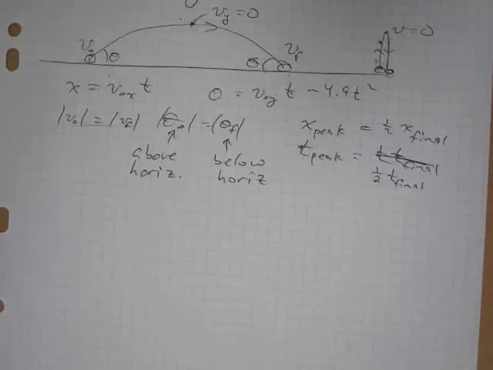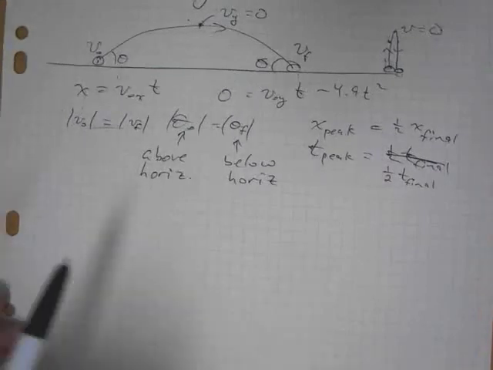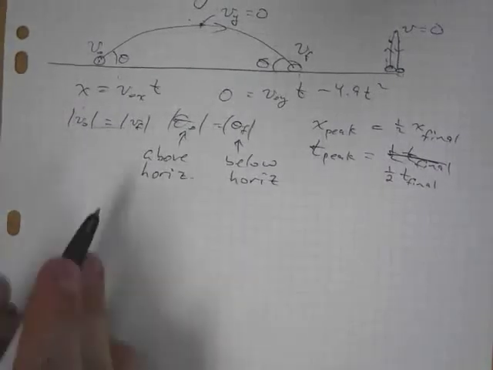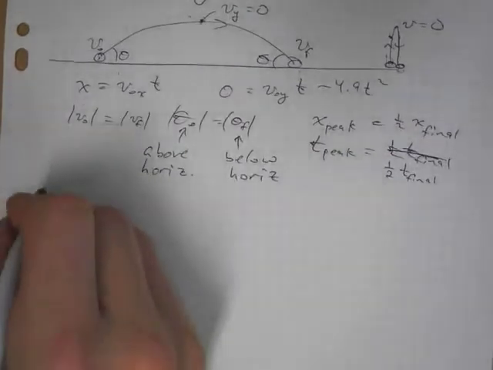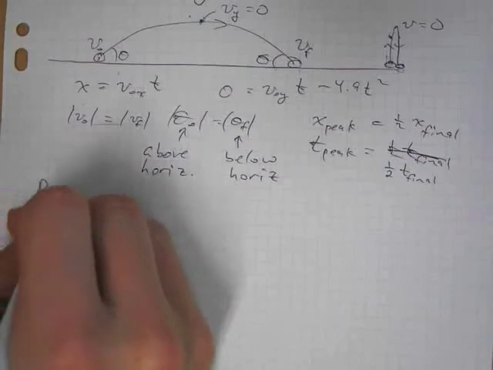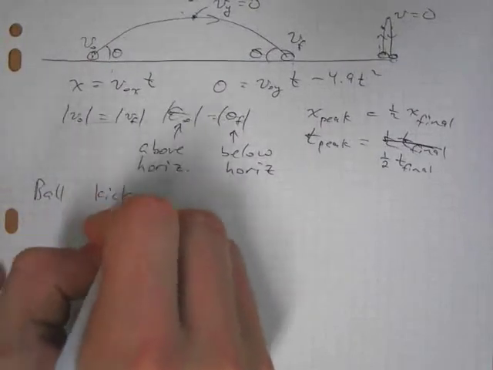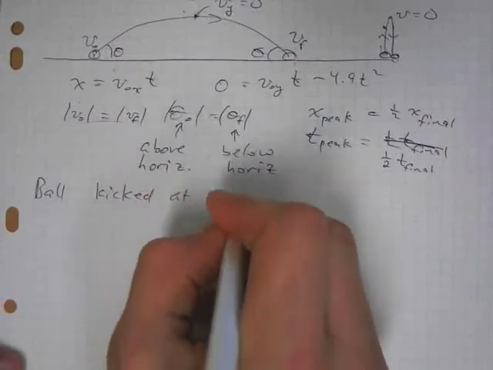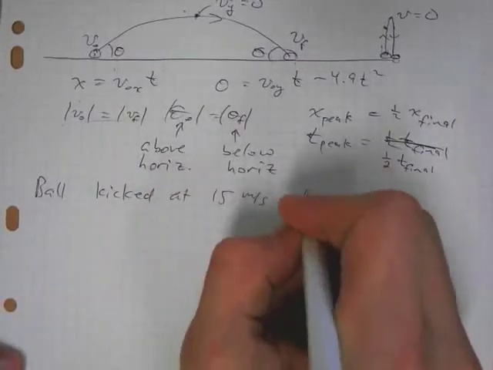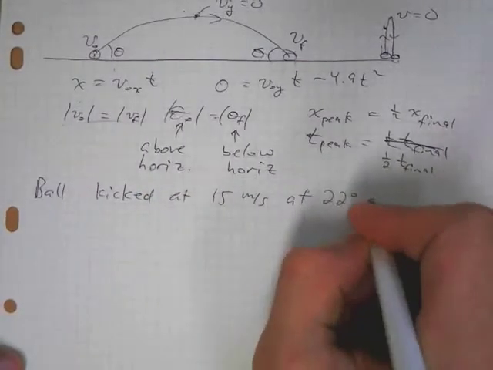So let's say we have a ball that is kicked at 15 meters per second at 22 degrees above the horizontal.